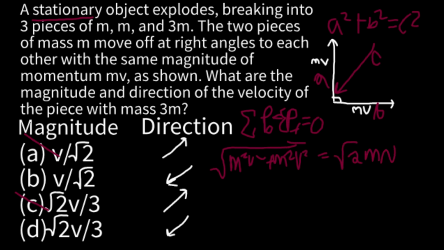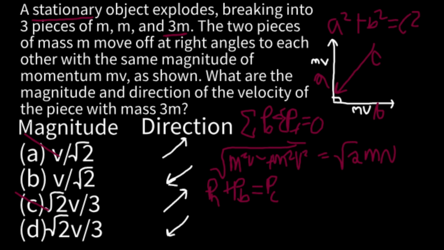Alright, so that is going to be the magnitude of momentum of this 3m, and we know that our summation of momentum 1, or A, plus B has got to equal C. Because remember, C would be negative if we were going to set this equal to 0 right here, because it's completely in the opposite direction of A and B.